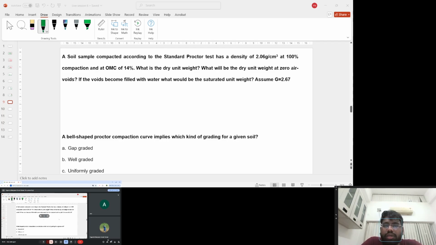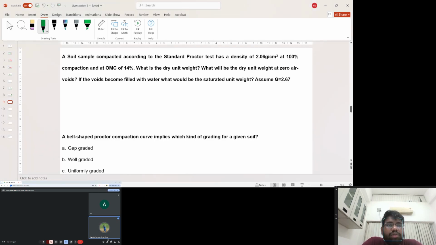Here 100% compaction is referring to gamma d max, that is, the bulk density corresponding to the peak, the maximum compaction density, right? So gamma bulk is 2.06 gram per cc, and now the water content is 14%.